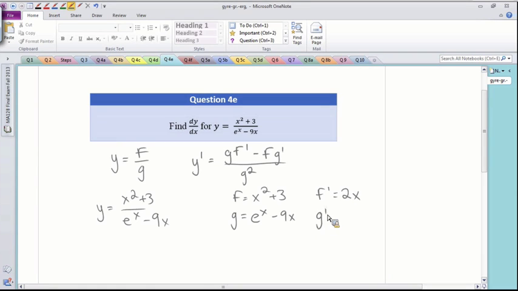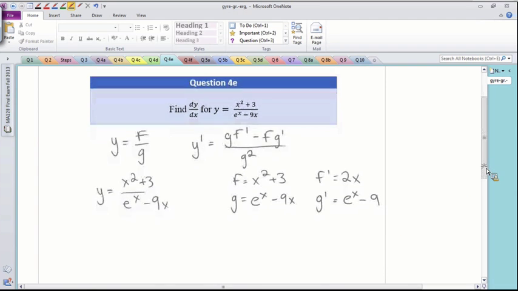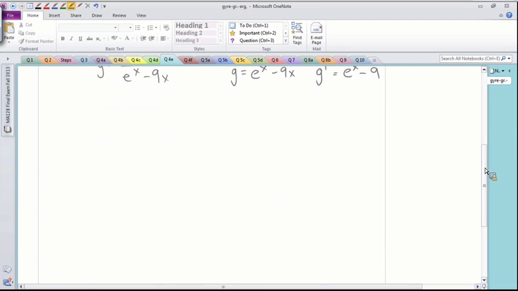The derivative of g is going to be e to the x minus 9. Remember, the derivative of e to the x is a special derivative. It's just itself. So everyone with me so far, we can finish up the problem.